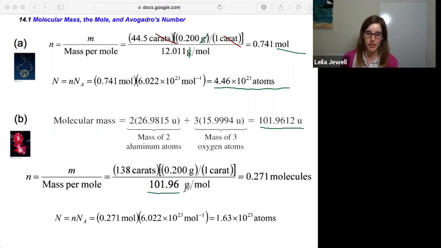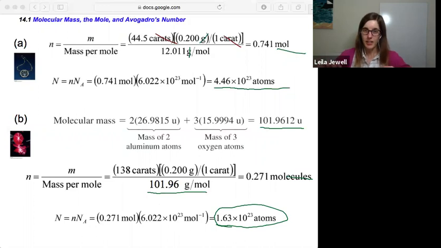So we will use that as our mass per mole number, and then the mass is just the 138 carats times that conversion factor, which comes out to 0.271 moles. This should be moles. And so then we have 0.271 moles times Avogadro's number, which cancels out the moles, and we're left with 1.63 times 10 to the 23rd molecules.